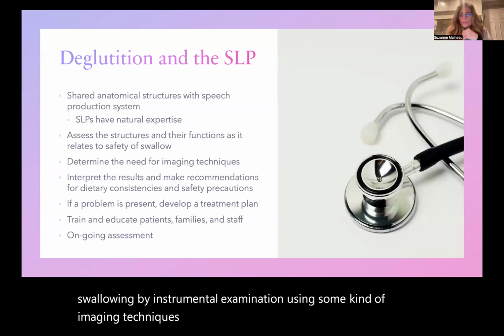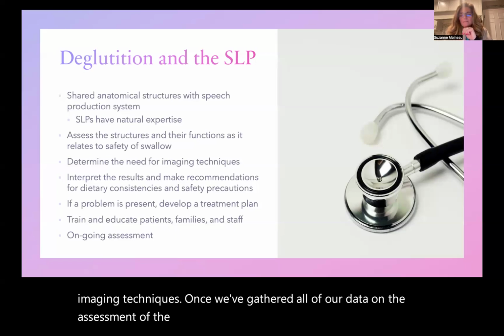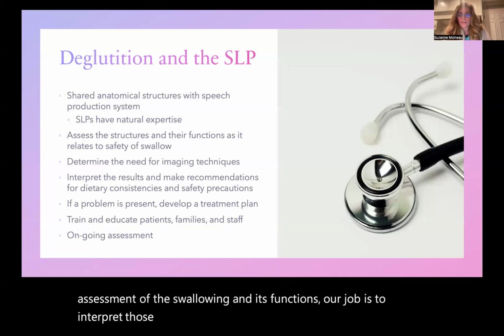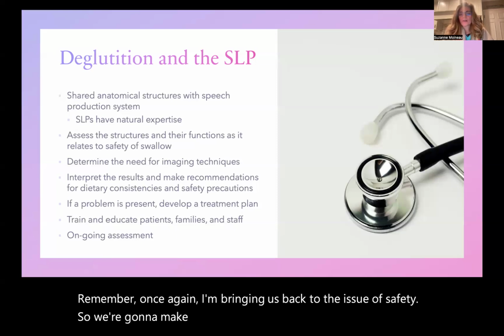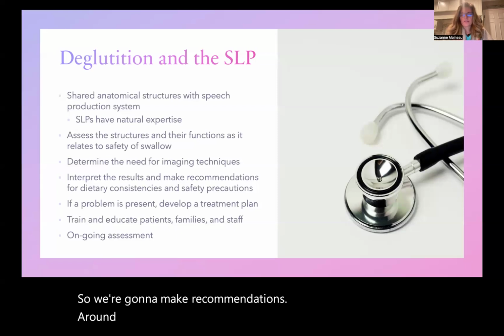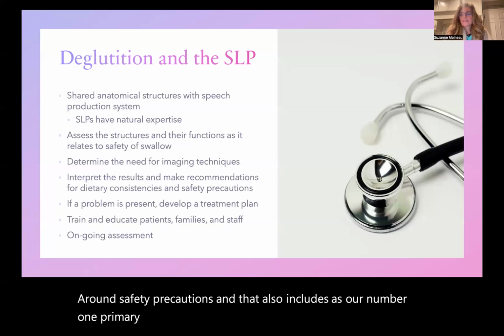Once we've gathered all of our data on the assessment of the swallowing and its functions, our job is to interpret those results, and we're going to make recommendations. Remember, once again, I'm bringing us back to the issue of safety. So we're going to make recommendations around safety precautions, and that also includes, as our number one primary recommendation, the consistency that the patient can safely tolerate.